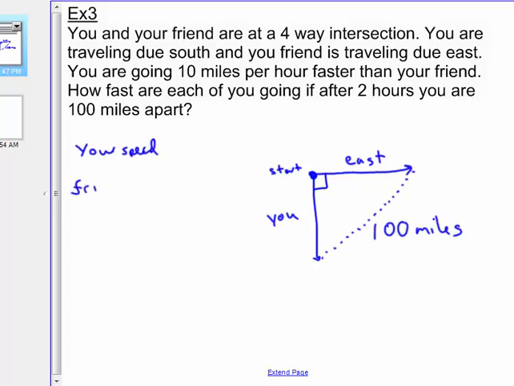Now, what do we know? It says your speed is 10 miles an hour faster than your friend. How fast is your friend going? We don't know, so that's going to be our x. So your friend's speed is x. Your speed is 10 miles an hour faster than that, or x plus 10.